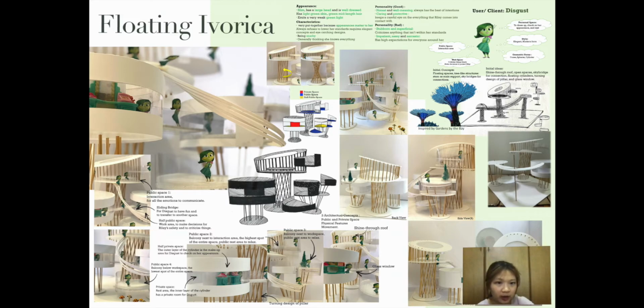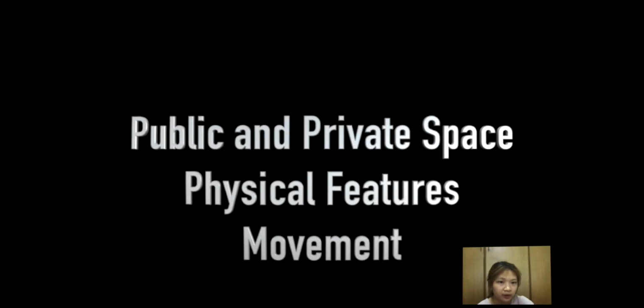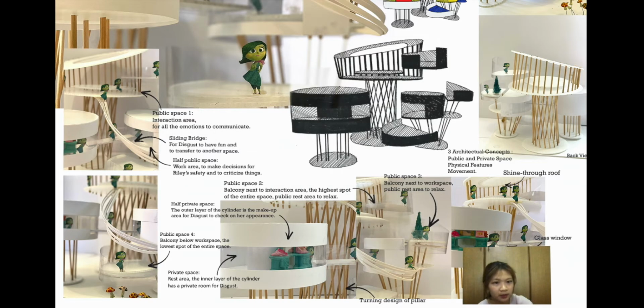First of all, I had 3 concepts that I wanted to address: public and private space, physical features, and movement. For the public and private space, I've established 4 public spaces, 2 half public spaces, and 1 private space in my design. Private spaces may need to provide a complete detachment from their surroundings to create their own microenvironment, but since there is only one single character living in this headspace, the private space could still have a strong connection to the surroundings.